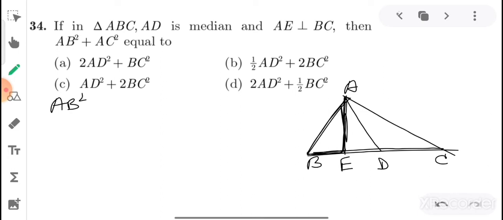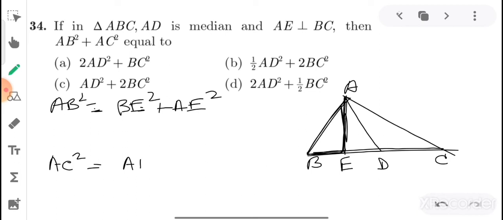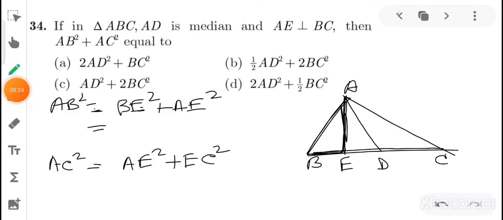AB square is equal to BE square plus AE square, and for triangle AEC, AC square is equal to AE square plus EC square.